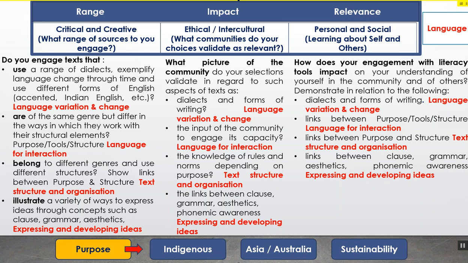And then the last one is links between clause, grammar, aesthetics, phoneme awareness. Yeah, it's very interesting. What type of sentences? So the community has reached an agreement as to the genre of a recipe, right? So the student now is developing, if you're using at this very moment a very Australian or Western recipe, then there's a very fixed structure, fixed forms, aesthetics, the clarity of it, what should be sticking out.